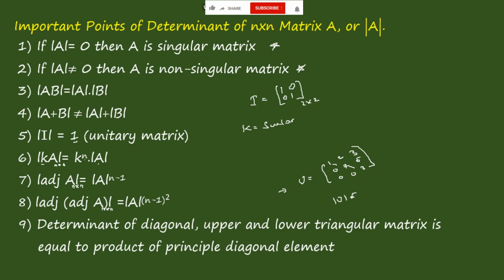So it becomes 1 into 7 into 3, which is 21. Whether upper or lower triangular matrix, the determinant is the product of diagonal elements.